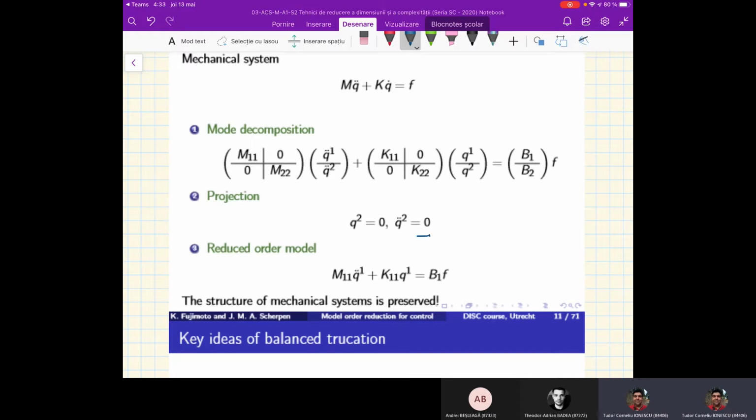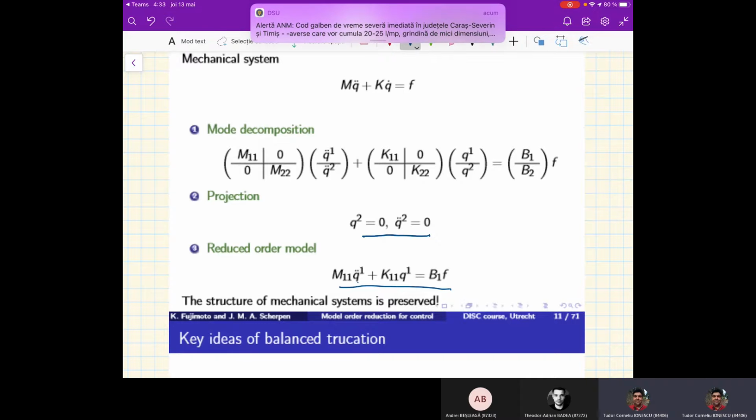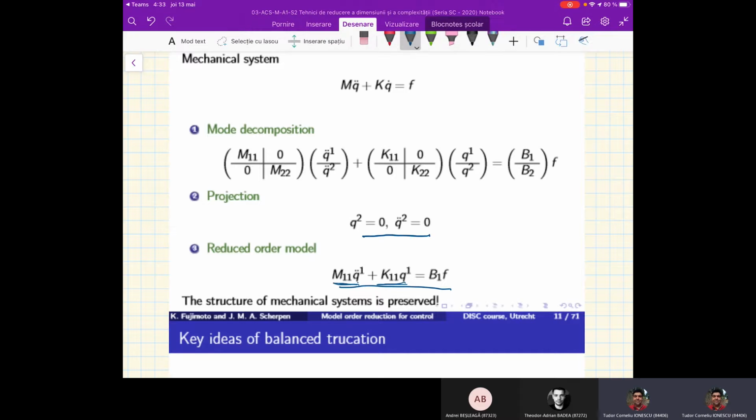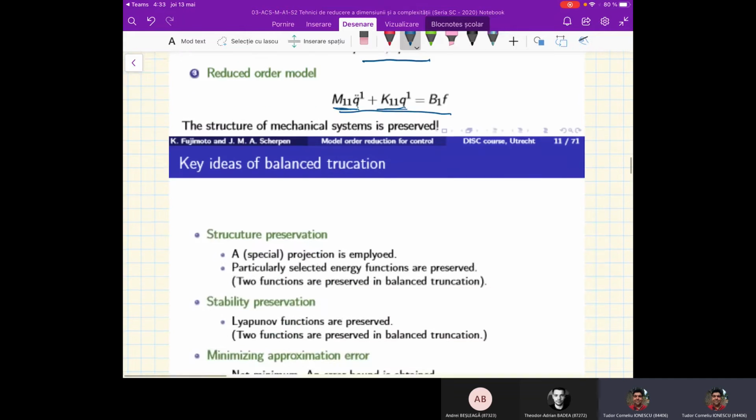You do the projection in this form, and then you get your reduced order model of this form. Note that if you do this kind of model truncation, the structure of the mechanical system is preserved. This is again a mechanical system, and here this is the acceleration term, and this is the potential term, and so on and so forth.